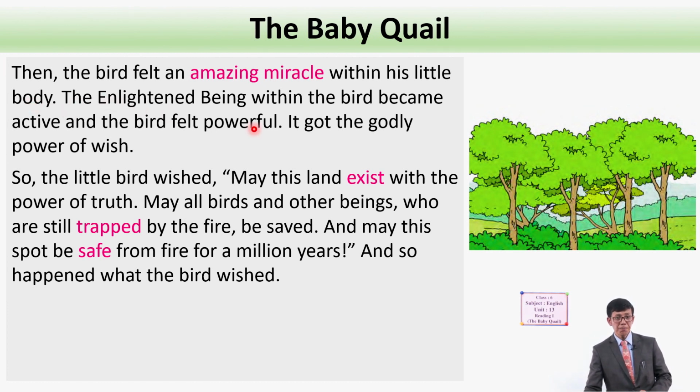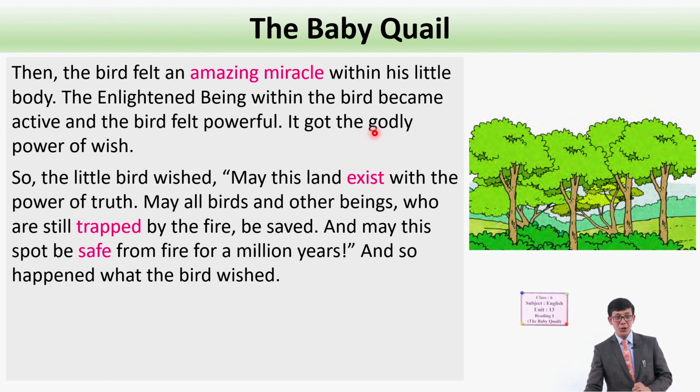The enlightened being within the bird became active, and the bird felt powerful. My dear students, in the beginning part, that bird was the enlightened bird. So all of a sudden, what happened? The enlightened being within the bird became active, and the bird felt powerful.